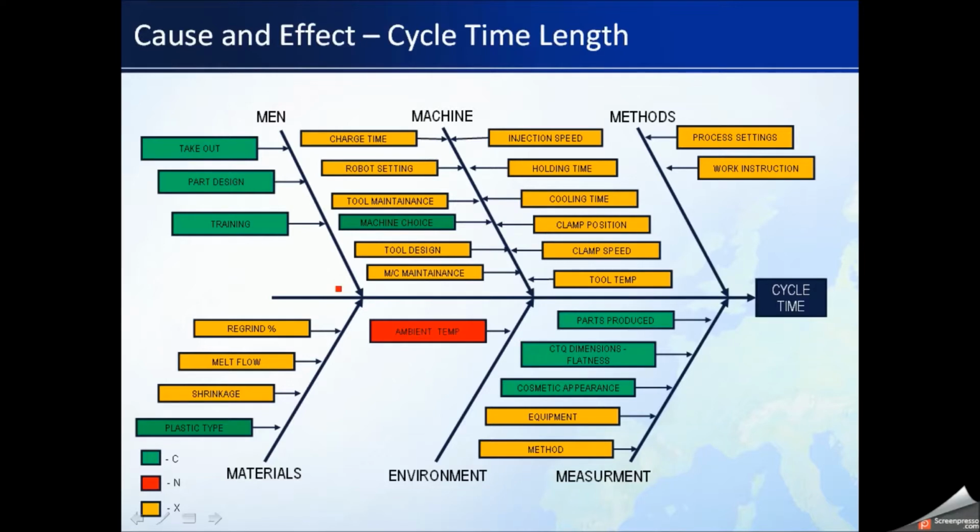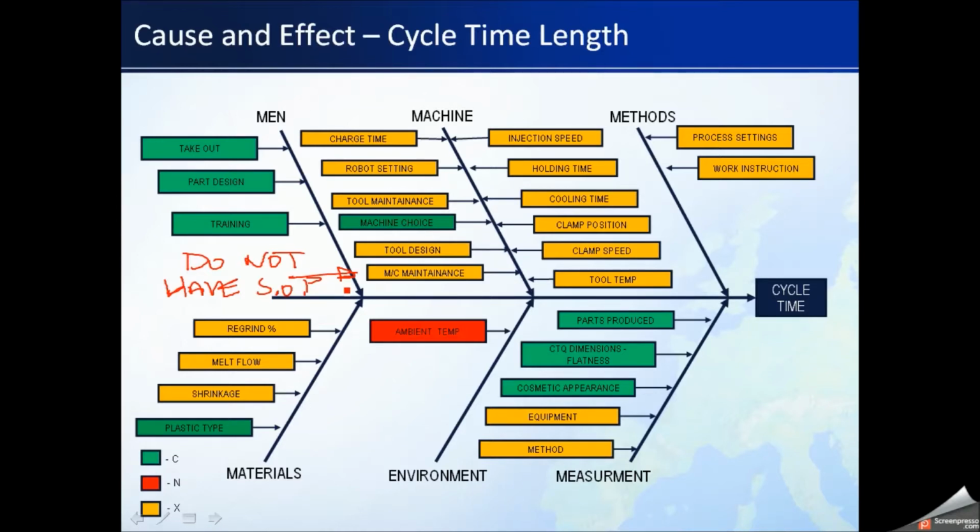Everything that's in amber here, these variables currently do not have a standard way, a standard operating procedure. So there is no standard machine maintenance, tooling maintenance, robot setting, etc. No standard way of dealing with the regrind, etc. So that's the current state.